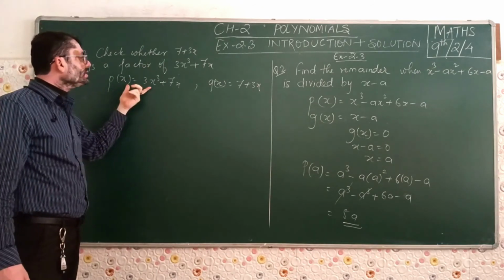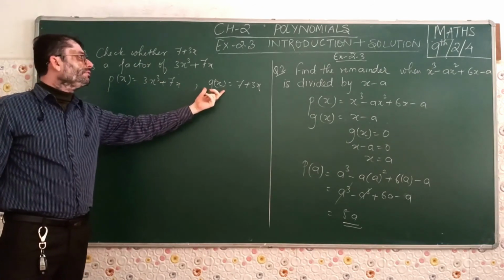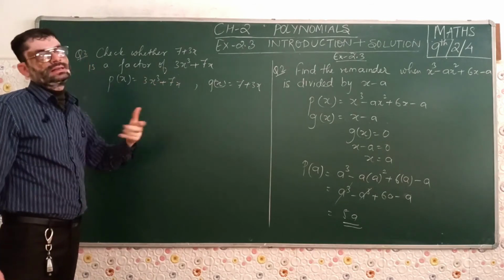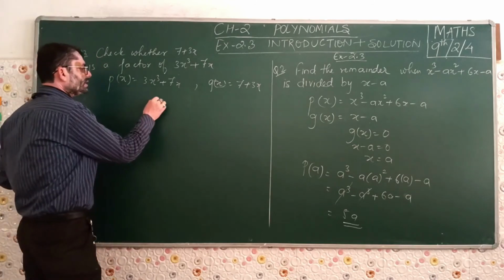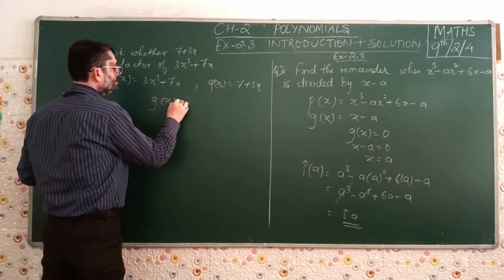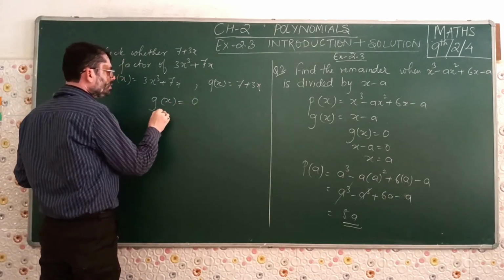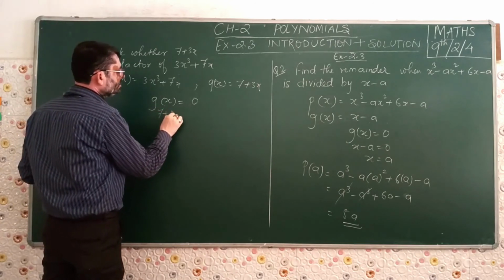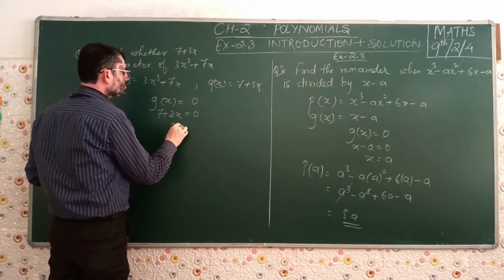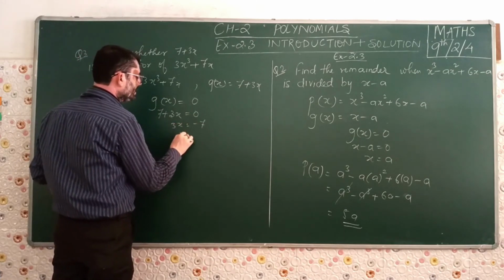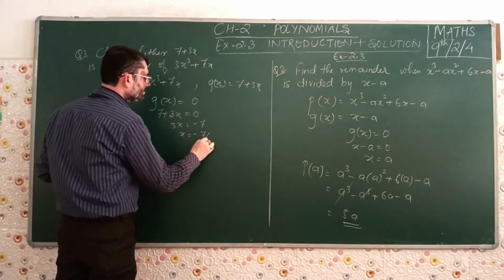If the remainder is 0, then we can say g of x is a factor of p of x, else not. So let us find the remainder first. For that, let us take g of x equals 0 to get the value of x. So g of x was 7 plus 3x, and that equals 0. So 3x equals minus 7, x equals minus 7 by 3.